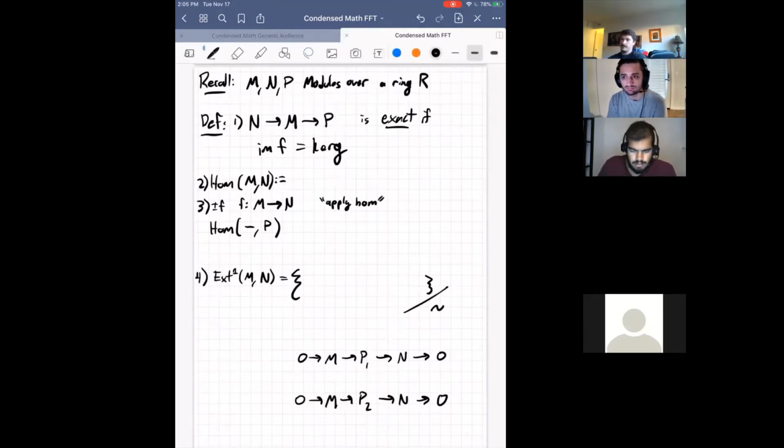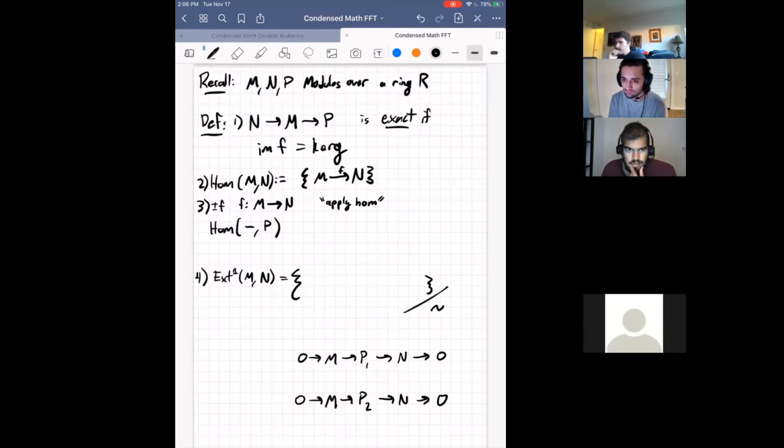What else do we do? Hom(M, N) is the set of homomorphisms from M to N. So these are module homomorphisms. One thing I'm going to want to do is take various commutative diagrams and quote unquote apply the Hom.